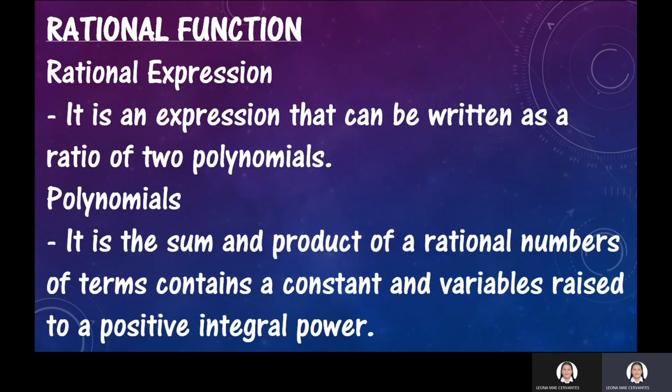Rational function. A rational expression is an expression that can be written as a ratio of two polynomials. Polynomials are the sum and product of a rational number of terms, containing a constant and variables raised to a positive integral power. So, when we say polynomials, the expression must not have a negative exponent, a fraction exponent, and also the expression must not be inside the radical.